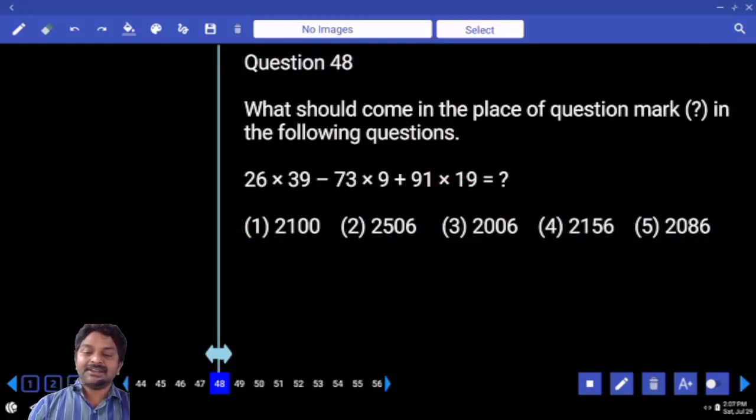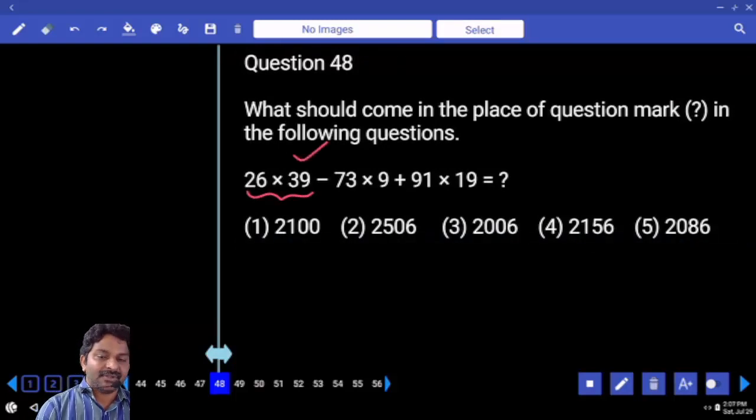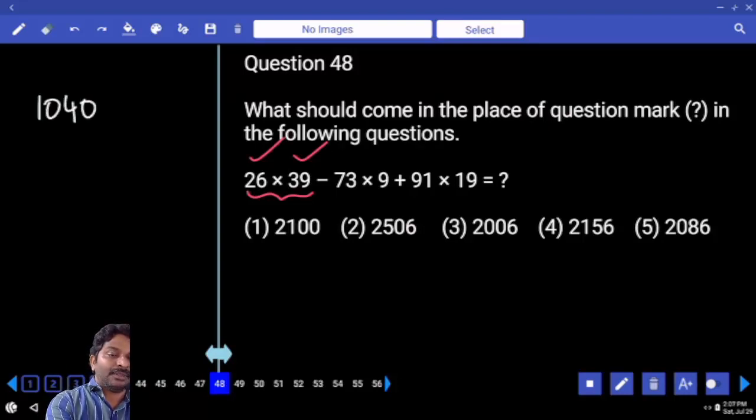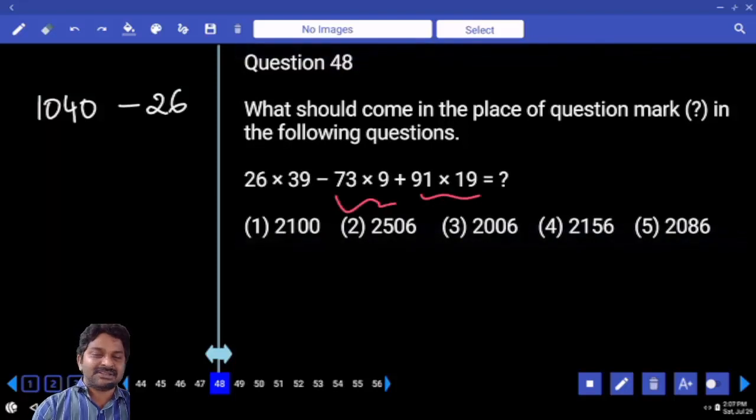Now let's see. 26 times of 39. 40 times minus 1 time. 40 times: 10 times 260, double 520, double 1000 minus 1 time, which is 26. I don't want to calculate, leave it like that, because everywhere we will get positive numbers and negative numbers.